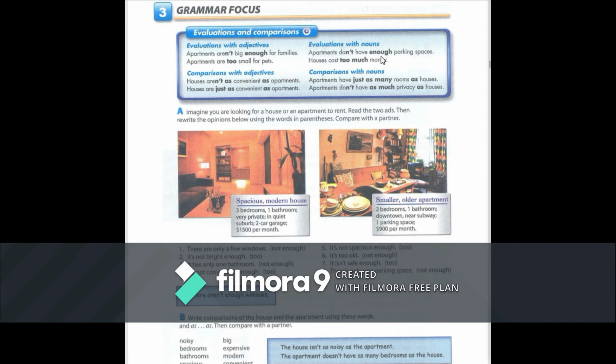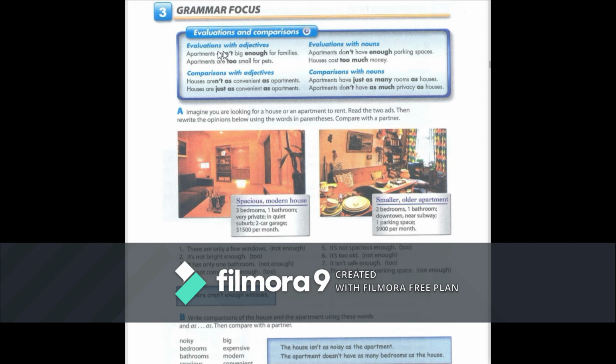Okay, so for example here we said the adjective is gonna be before enough, so we say apartments aren't big enough for families, or apartments are too small for pets. Too always goes before the adjective. Here the adjective is small, so too goes before it.